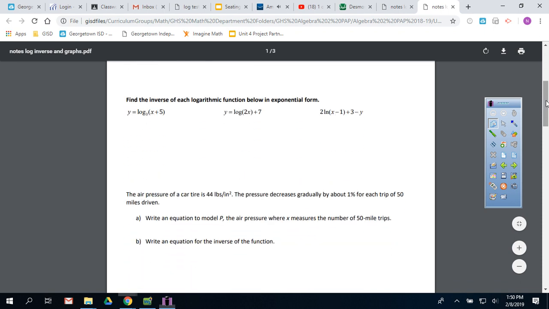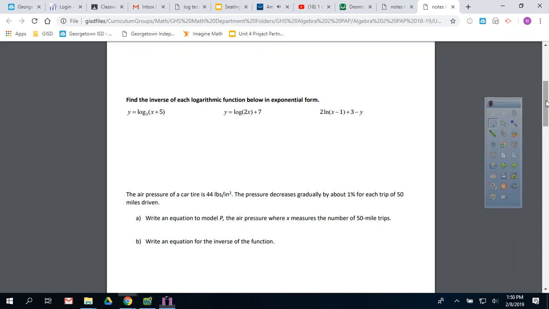Alright, so the next one, find the inverse of each log function. So now we have log, and the inverse of log is an exponent. So we're going to do the same thing, except instead of switching it to log form, we're going to switch it to exponential form.